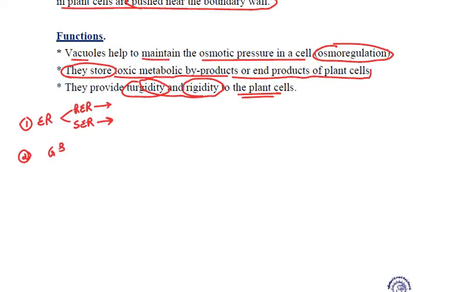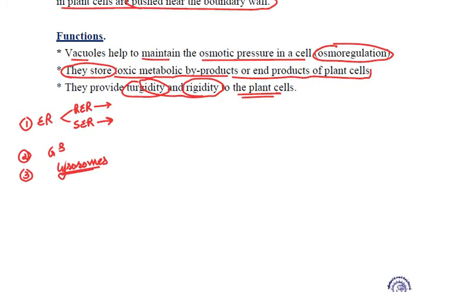Second, we discussed about Golgi bodies or the Golgi apparatus. Their functions we saw that they help in the storage and packaging and transportation of material synthesized in cytoplasm. Another function was they help in the synthesis of cell wall, plasma membrane and lysosomes. The third cell organelle we studied were the lysosomes. Now, what are lysosomes?